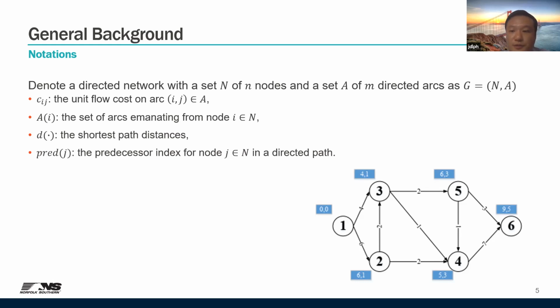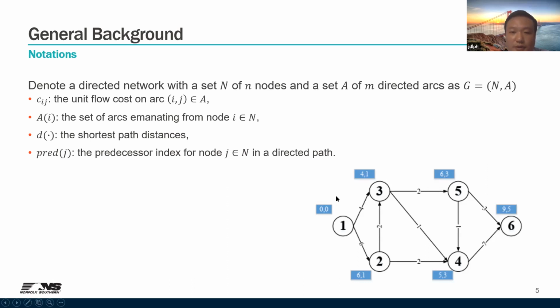So let's use a 6-node network as an example, for those of you who are not familiar with shortest path algorithms. Here we have 6 nodes on the network, and the number along each link or arc represents the cost or distance or any metric you would have for this link.